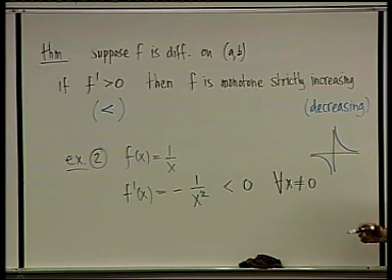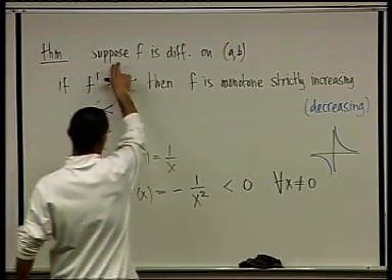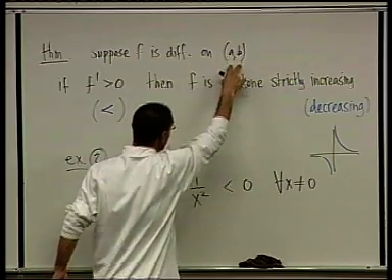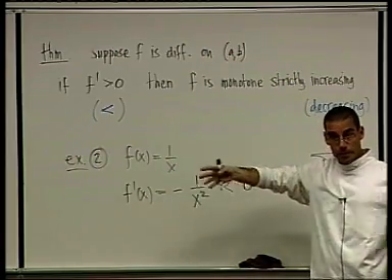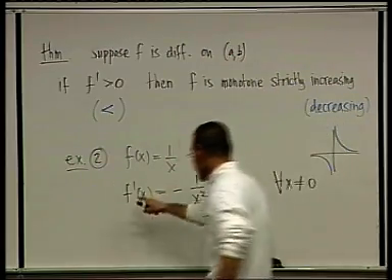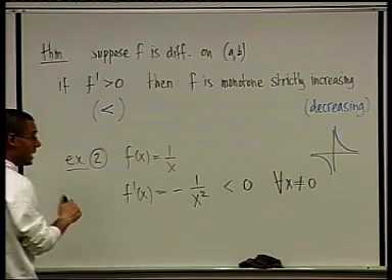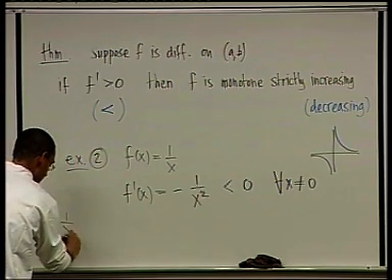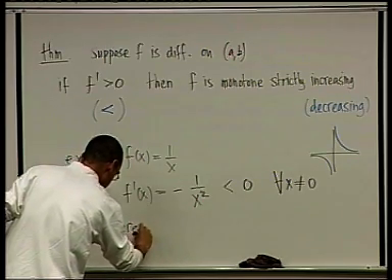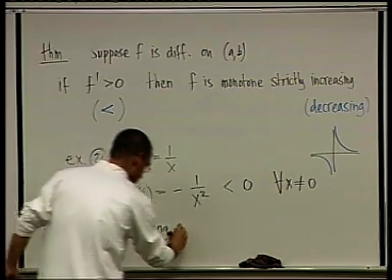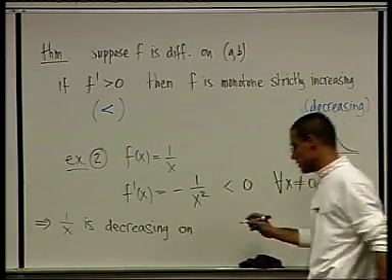So the only thing I can say from this is, and that was the theorem, if f is differentiable on an interval, and here the interval can be replaced by any interval, so on any interval where this holds, the function is decreasing. So the most you can say is that 1 over x is decreasing on any interval of the form 0 to capital M, and hence on 0 to infinity.